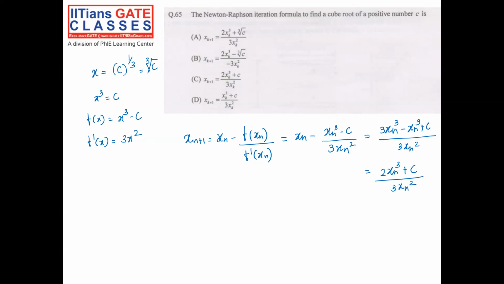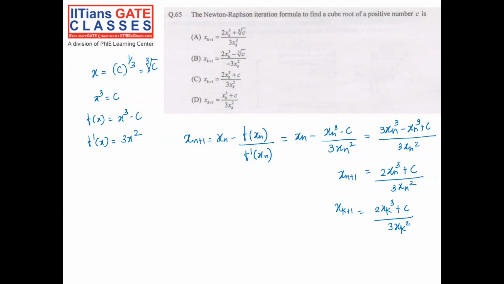In this case, they are using k rather than n. So we can say that xk plus 1 is equal to 2xk cube plus c divided by 3xk square.